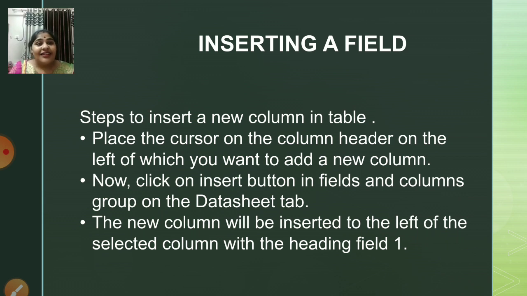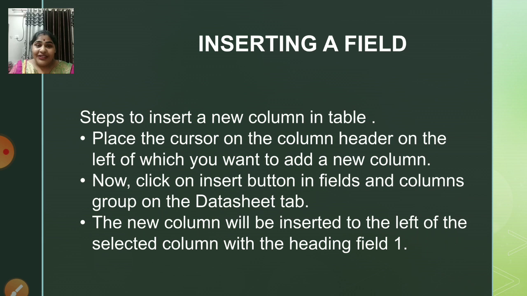So place the cursor on the column header on the left of which you want to add a new column. Now click on the insert button in the fields and columns group on the data sheet tab. So I have shown you all the tabs in the ribbon, in that different groups, in that different buttons we have seen, children. So you have to go to the data sheet tab, and in that fields and columns group you have to click the insert button.